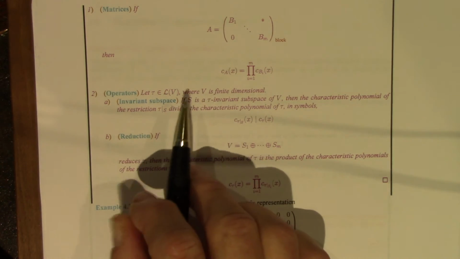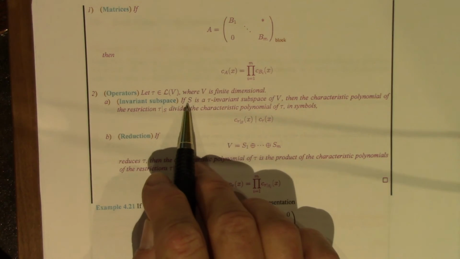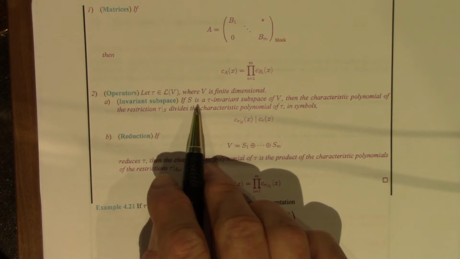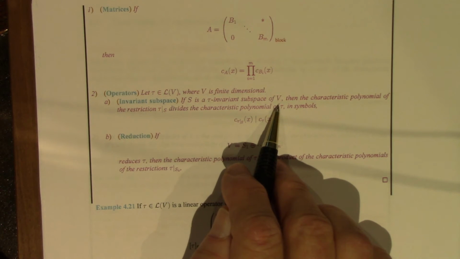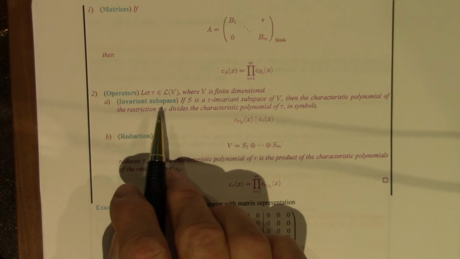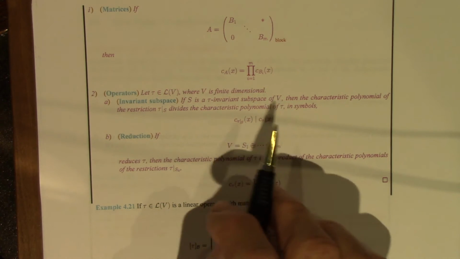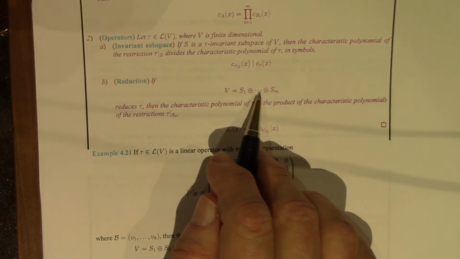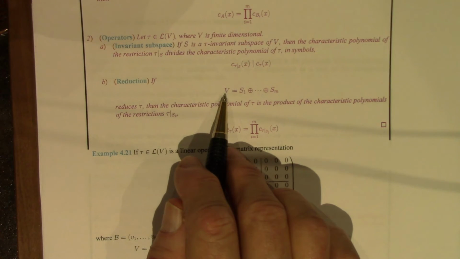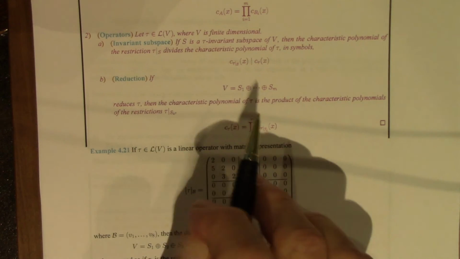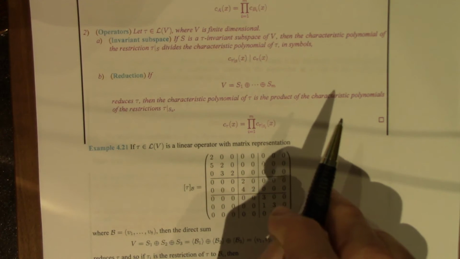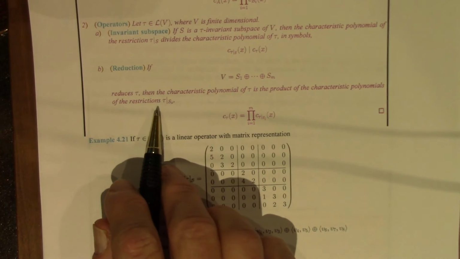As far as operators are concerned, if we have a finite dimensional linear operator, and if S is an invariant subspace, then the characteristic polynomial of the restriction will divide the characteristic polynomial of the operator. If we have a reduction of tau, then the characteristic polynomial of tau is the product of the characteristic polynomials of the restrictions.